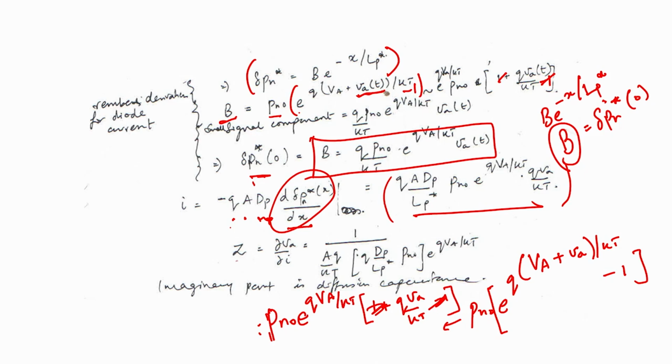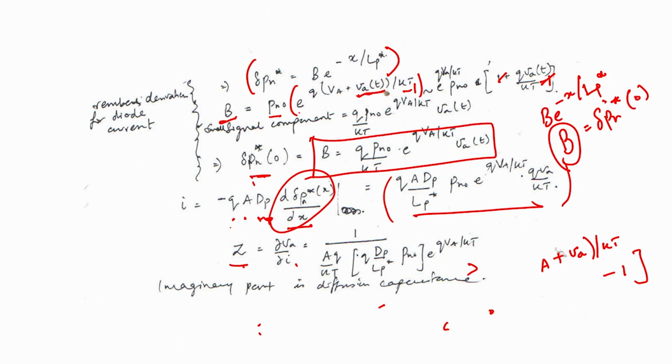And therefore, the impedance term, a general complex impedance, is dVA by dI, because of the I being that small signal current, and that will end up being a number like this. Okay. And since it has got this term LP star, this is definitely a complex number, therefore, it has got a real term and a complex term, and the imaginary part of that is the diffusion coefficient.